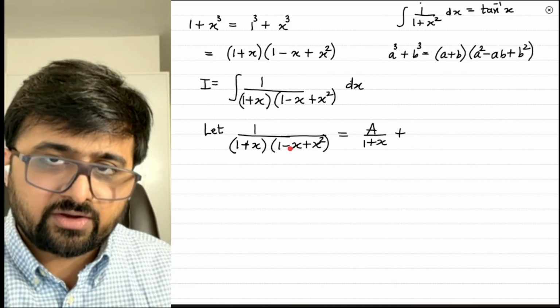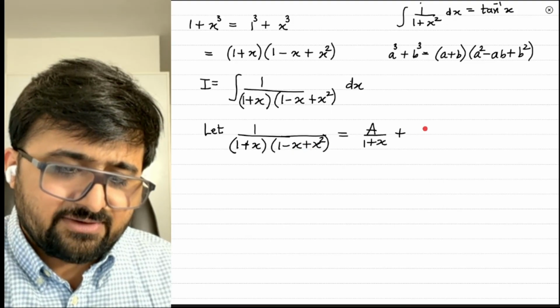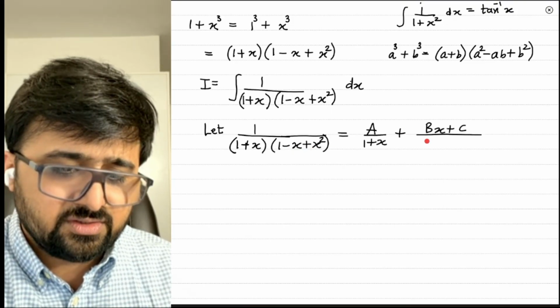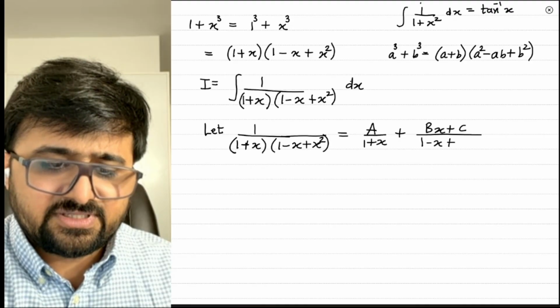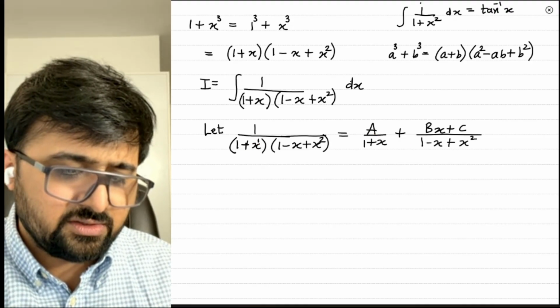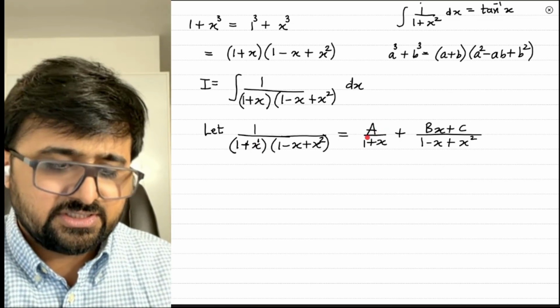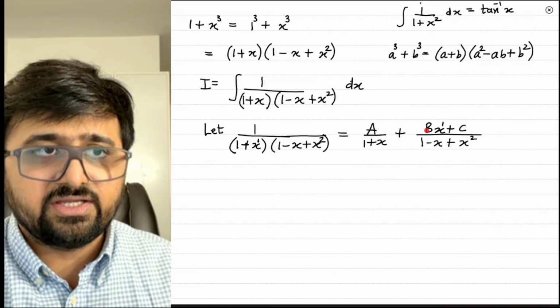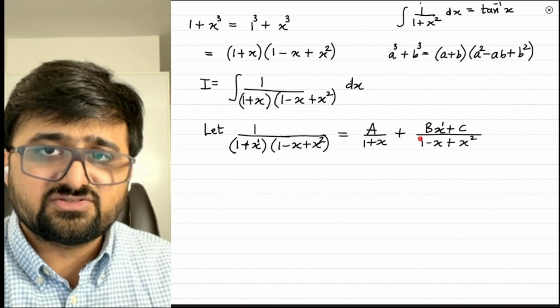Remember that this is quadratic. If it is quadratic, we have to write in the numerator a linear term, bx plus c, upon 1 minus x plus x square. Remember that if the denominator is power 1, the numerator is power 0. Here it is power 2, so the numerator has to be power 1.